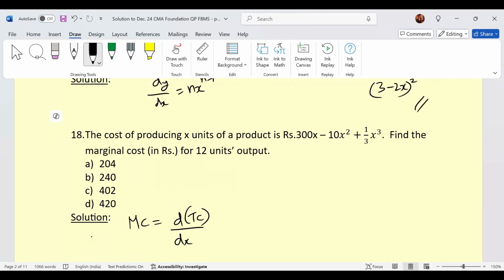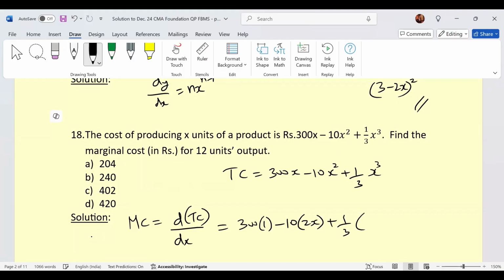Means total cost is given as 300x minus 10x square plus 1 by 3 times x cube. So differentiating that, we get 300 into x, if I differentiate, it is 1, minus 10 times, if I differentiate x square, it is 2x. 1 by 3 is a constant. If I differentiate x cube, it is 3x square.